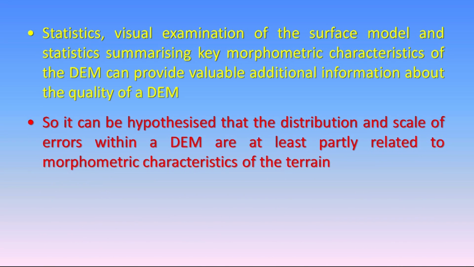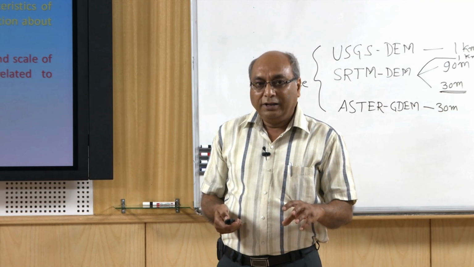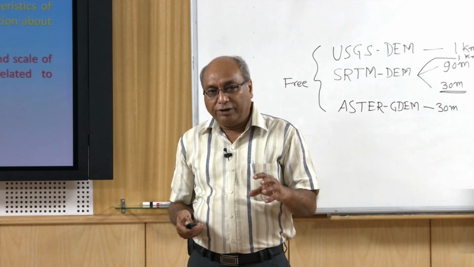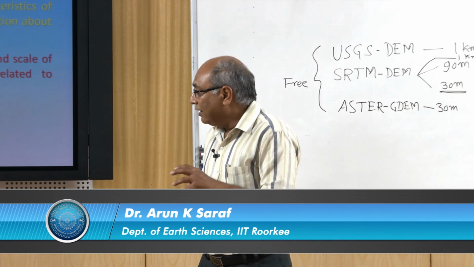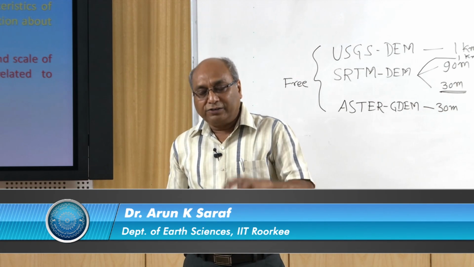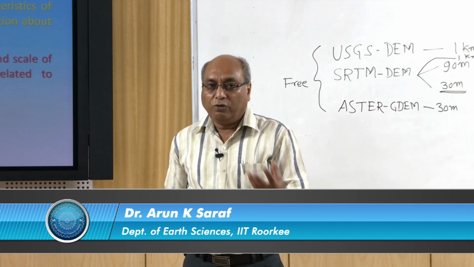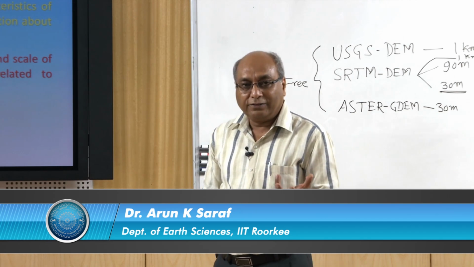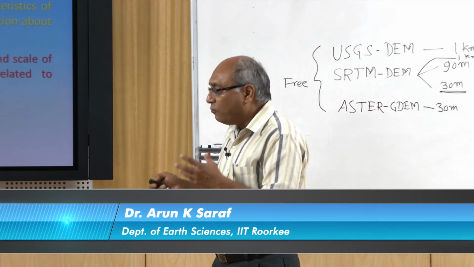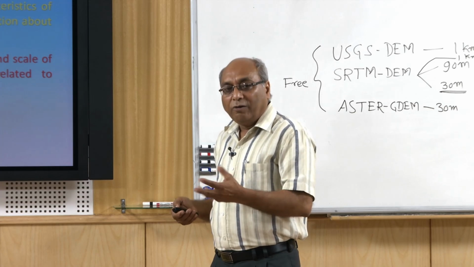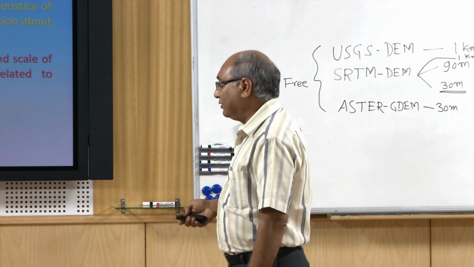It is hypothesized that the distribution and the scale of errors within a DEM are at least partly related to the morphometric characteristics of the terrain. Because if it is an elevation model representing terrain conditions, then at some time we are going to use it for morphometric analysis.